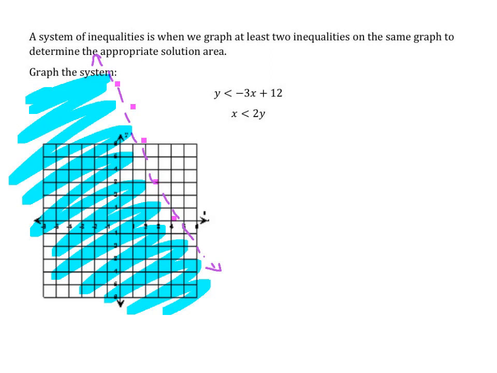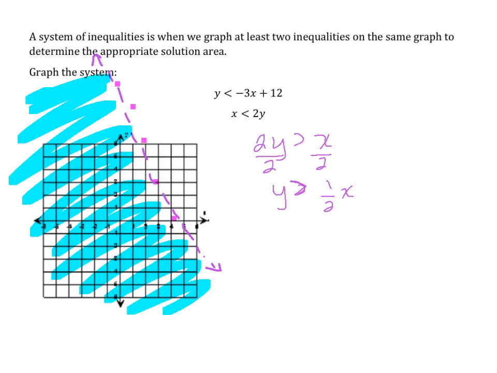Okay. x is less than 2y. I'm going to rearrange this so it's 2y greater than x, so just flip them over so that it's in the form that we're used to. Dividing by 2, we'll have y is greater than 1/2 x. So we don't have a y-intercept, which is okay.